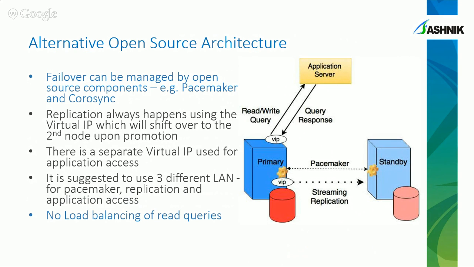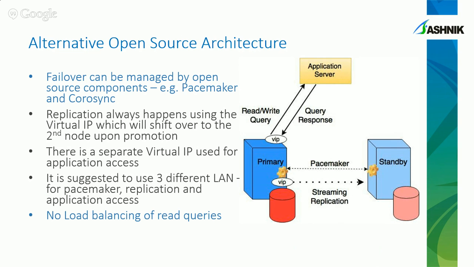A similar setup can be implemented with open source components as well. For example, using Pacemaker and CoroSync, you can set up a replication and you can set up continuous heartbeat as well with Pacemaker, and they will ensure that there is a virtual IP which is used for replication instead of using the actual physical IP of the primary server.